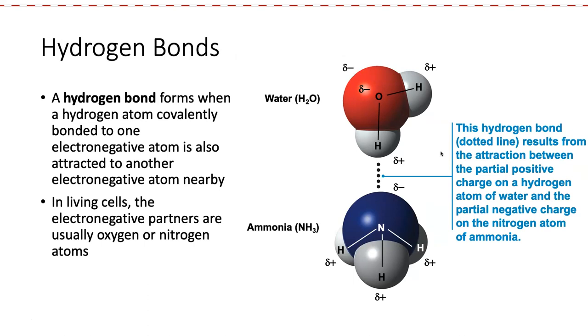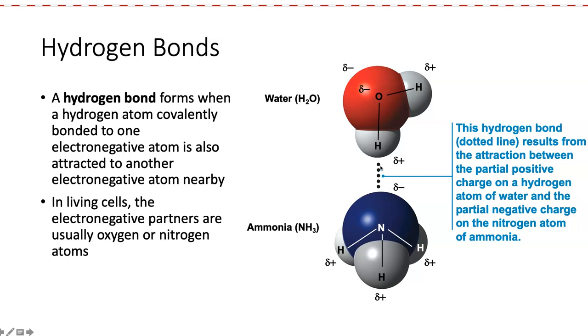Hydrogen bonds form when a hydrogen atom that's covalently bonded to an electronegative atom, such as oxygen right here, is nearby another molecule that has electronegative partners.